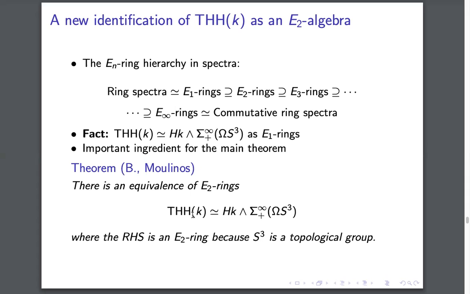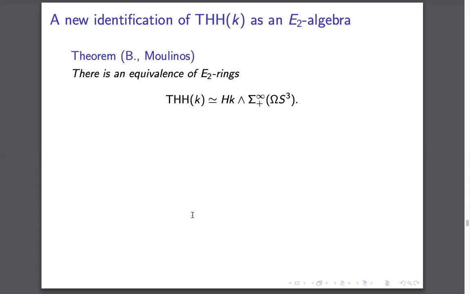That's the idea. And why did we need this E2 result for our algebraic K-theory computation? So we're going to compute the algebraic K-theory of THH of K. For that, we need to first understand THH of K, right?